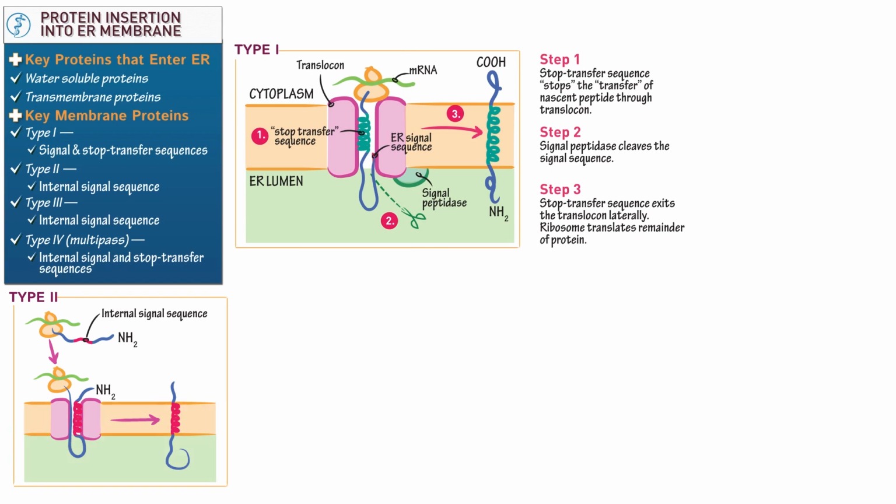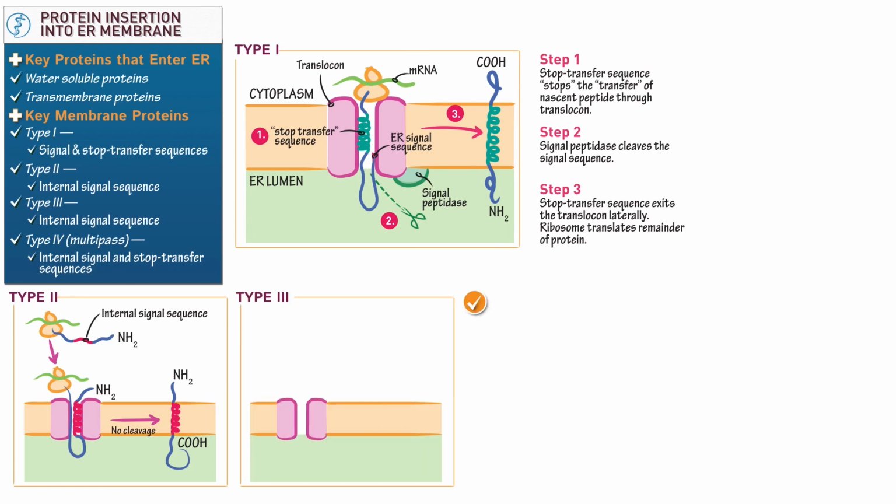Indicate that this time, signal peptidase does not cleave the protein. Finally, label the C-terminal and N-terminal ends. This membrane topology makes this a type 2 protein.